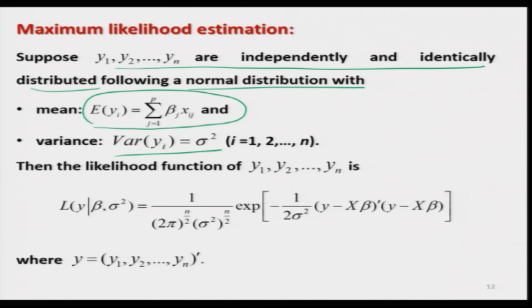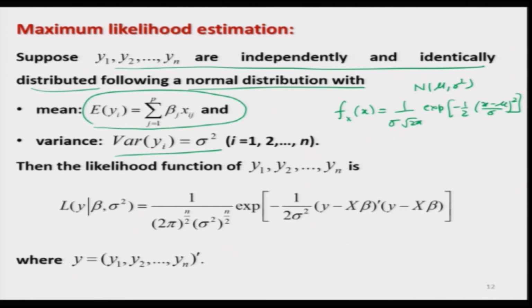Now, you can recall that the PDF of the normal distribution is given by 1 upon sigma root 2 pi times the exponential of minus 1 over 2 times x minus mu upon sigma whole square, and we say that this is normal mu sigma square, with parameters mu and sigma square, where mu is the mean and sigma square is the variance.